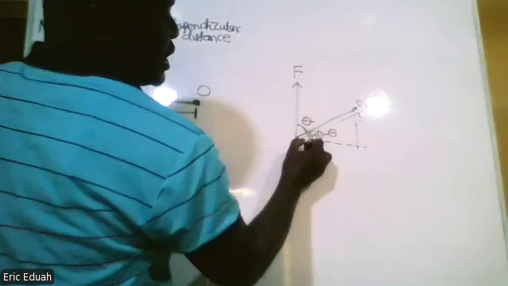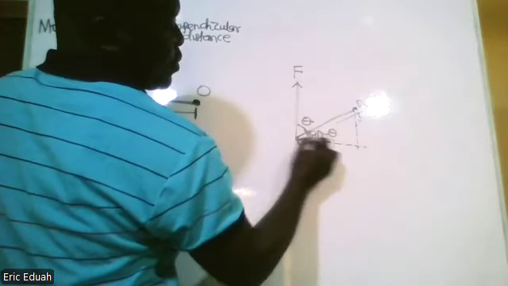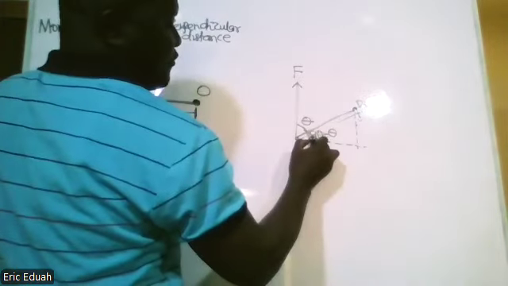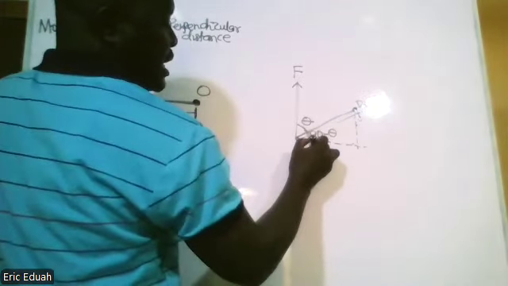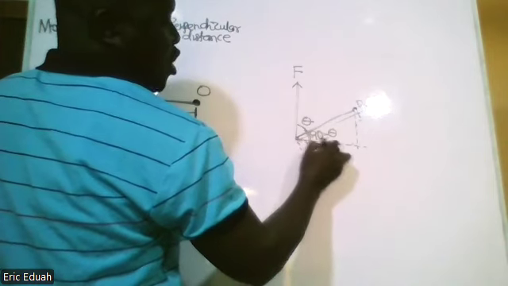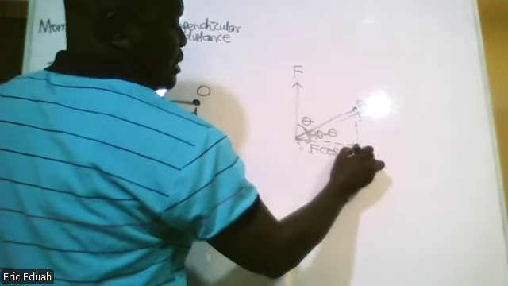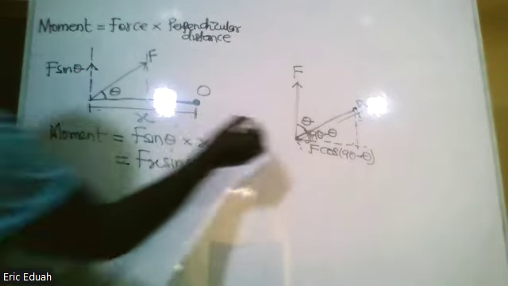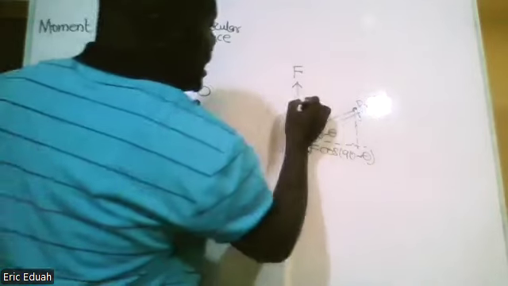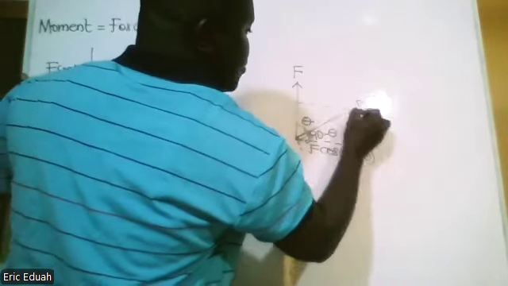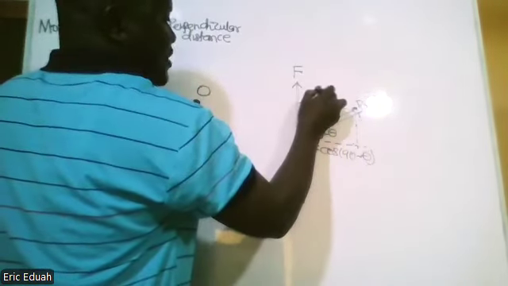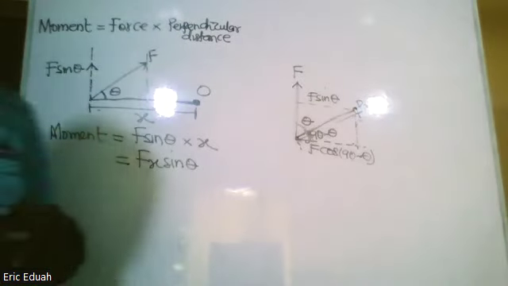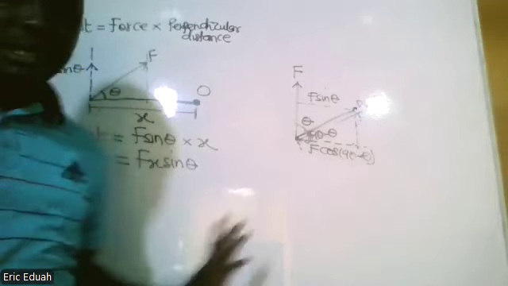Of course, this component here, using this side, using this angle, would be F cos 90 minus theta. Don't forget, if we use theta, it will be this side, and it will be the same as F sine theta. Of course, sine theta is equal to cos 90 minus theta.